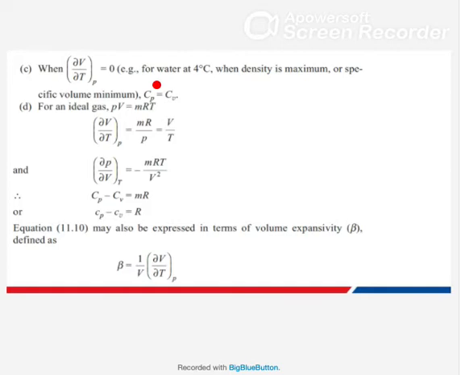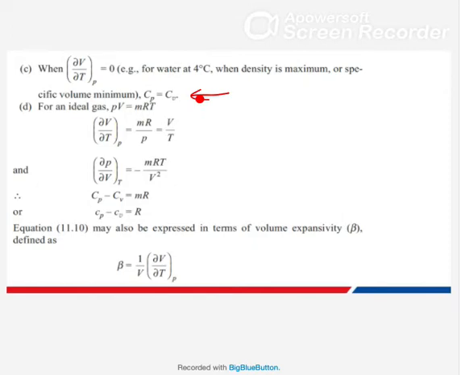For air, the specific heat depends on the process, like Cp and Cv. But for incompressible things like solid or liquid, we have Cp and Cv as equal. So we can derive that also: when this particular thing is equal to 0, then Cp is equal to Cv.